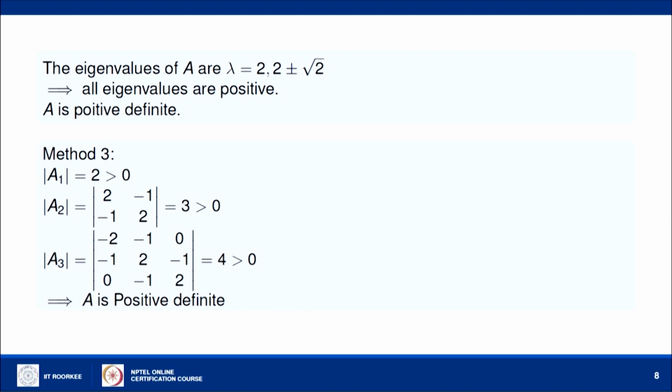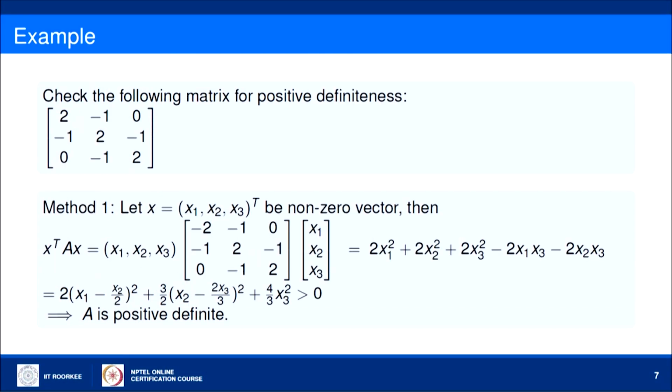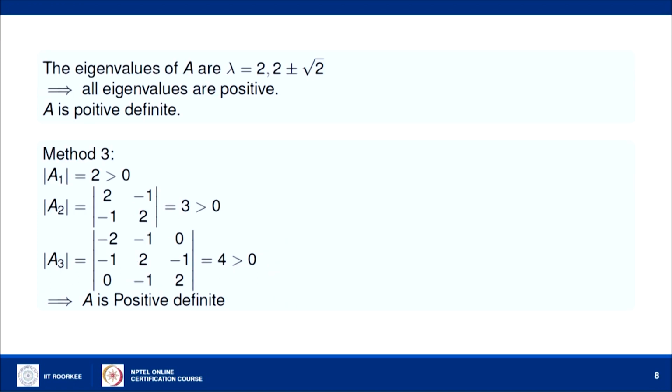Another way is by calculating the eigenvalues of the matrix A. If we check the eigenvalues of this matrix, the eigenvalues come out to be lambda equals 2 plus minus root 2. So, eigenvalues are lambda equals 2, lambda equals 2 plus root 2, and lambda equals 2 minus root 2.